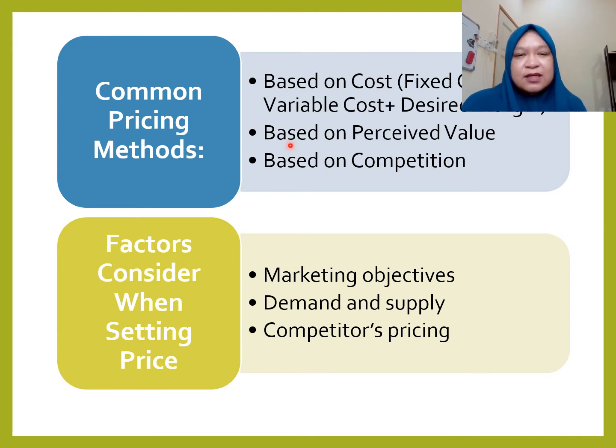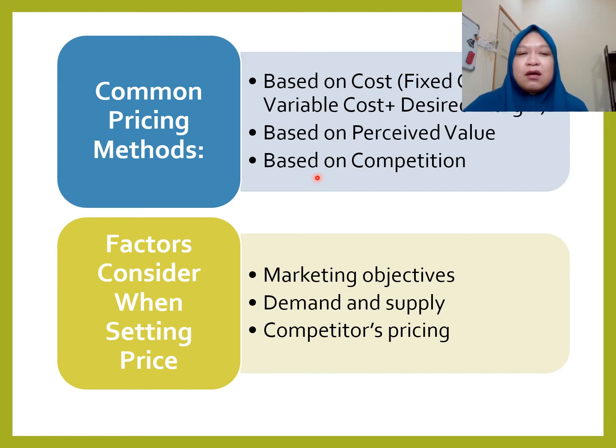So we have the common pricing methods, which are based on cost, based on perceived value, or based on competition. If you choose based on cost, you have to do a little bit of calculation. If you want to do based on perceived value, you make your own observation and research, and you think that this price is suitable for your product or service, and that the customer will like it and buy more.